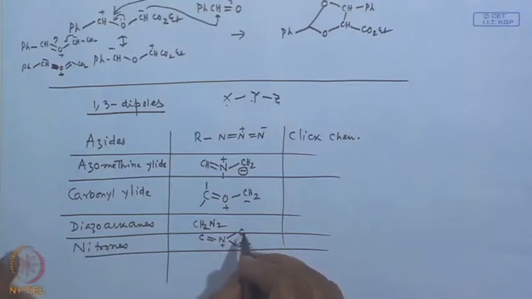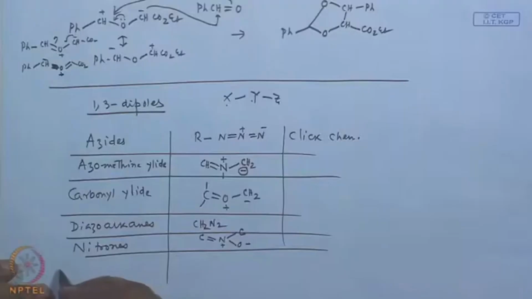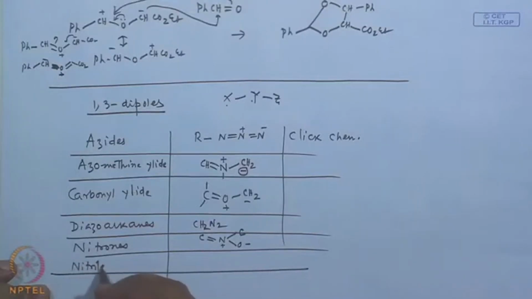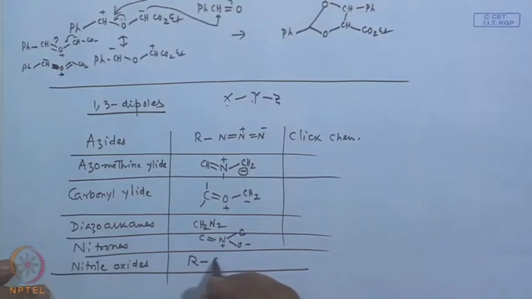The name is derived from aldehydes and ketones, nitrones, and all these things. Okay. Then another very popular one is nitrile oxides. Nitrile oxides means, all of us know, nitrile is essentially the cyanides, and if you oxidize at nitrogen, it becomes nitrogen plus and oxygen minus.